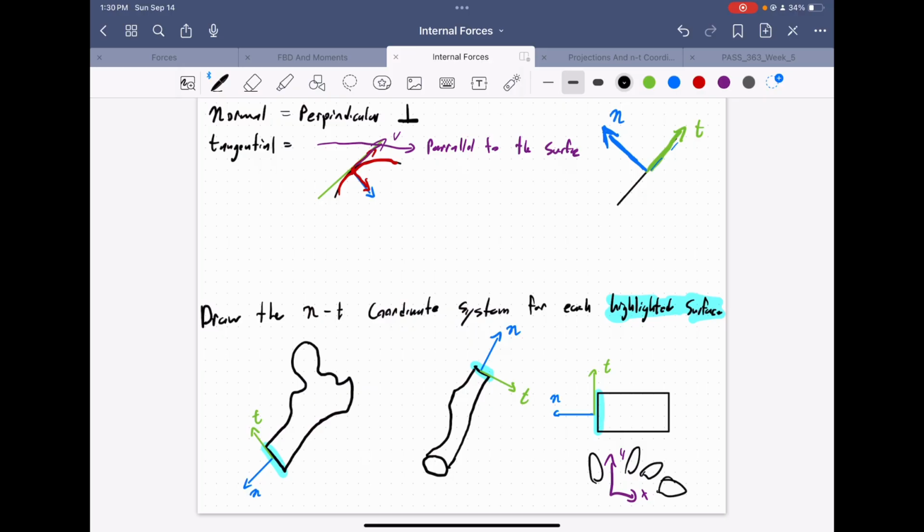Whereas if we did NT, no matter what, we know that orientation is going to be the same relative to the bone. So that's why they're important. And hopefully that last point stuck on why we needed them, because it allows us to compare between bones because we're having the same reference point.